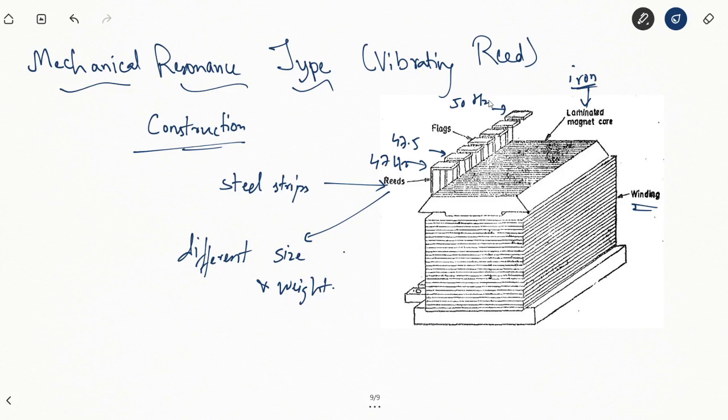The reeds are fixed at the bottom and free at the top end, and they come in different size and weight. The dimensions will be different, the weight will be different, such that the natural frequency of oscillation, subject to any vibration, will cause the reeds to vibrate at this particular frequency in this ascending order.